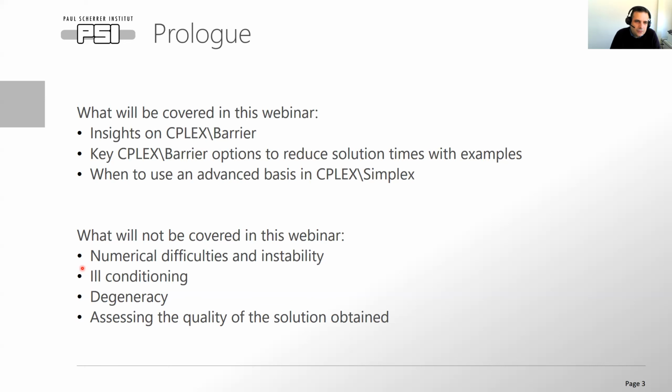Then I would also like to touch a little bit on the use of advanced bases in the Simplex algorithm, not in the barrier. But I will not be able to cover in this webinar, because of time constraints, issues related to how we deal with numerical difficulties or degeneracy, or how we assess the quality of the solutions that we obtain. I will reserve this for a second webinar.